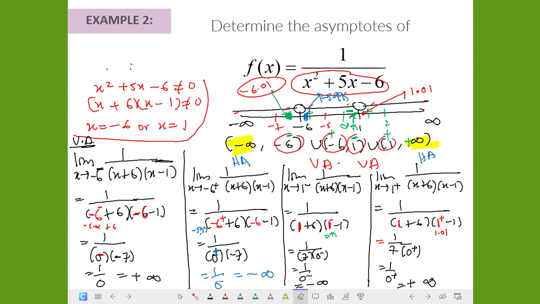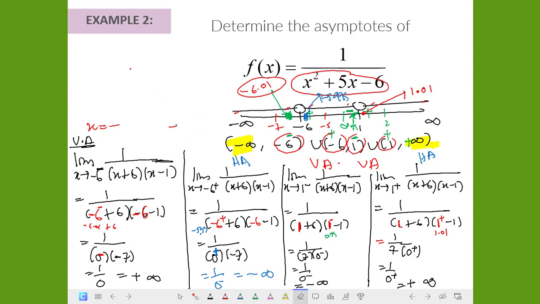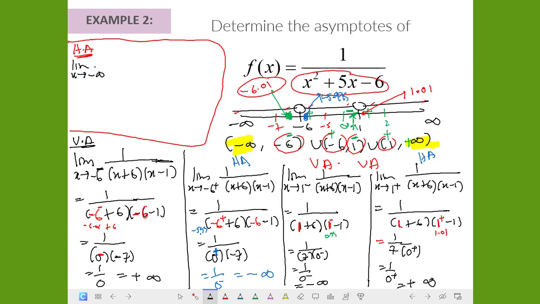Okay, now I try this to find the horizontal asymptote. For horizontal asymptote, limit as x approaches negative infinity, and then just take this one.